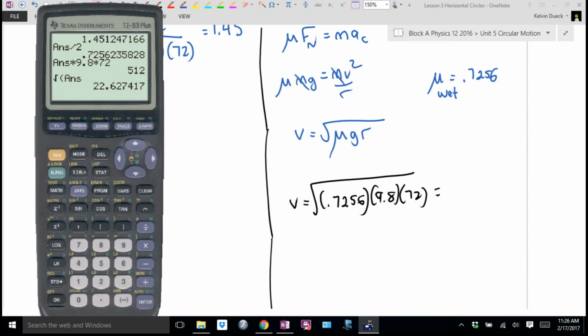Is that right? Now, this is a very counterintuitive question. A lot of people will say, well, if you only have half the traction, you can only go half the speed. Nope. We didn't get an answer of 16. It's because of the squares and the square roots and all sorts of stuff in there. Okay. 22.6.